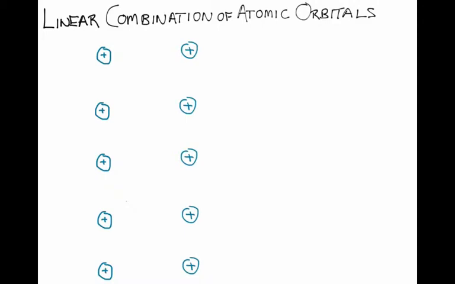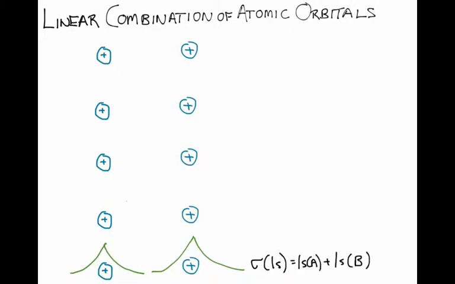We're going to start basically with a 1s orbital. The first option we have is to take two 1s orbitals and just add them together, right? So these two little hats here in the same phase, and we're going to call this sigma, specifically sigma 1s. That's just the 1s orbital of A, the left-hand nucleus, plus the 1s orbital of B, with an appropriate bit of normalization in there that we're not going to worry about yet.